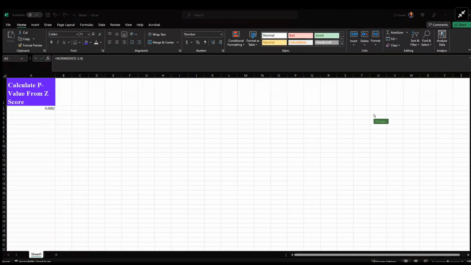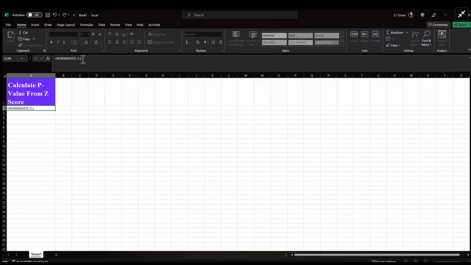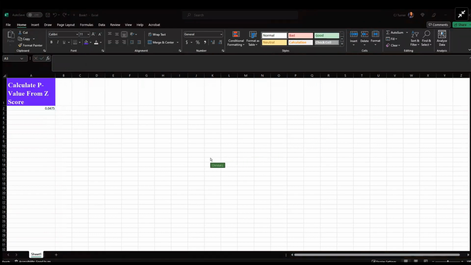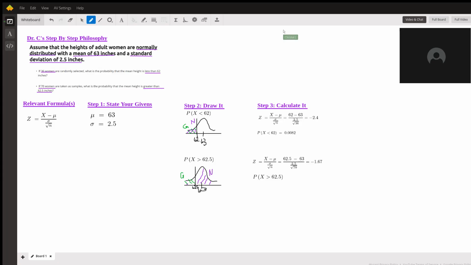Okay. And then the other one, you're going to do that again. As opposed to negative 2.4, we're just going to put negative 1.67. And that gives us 0.0475. Now, in this one, we already said, because we drew it out, that we are not done. Okay, so I can stop sharing this.